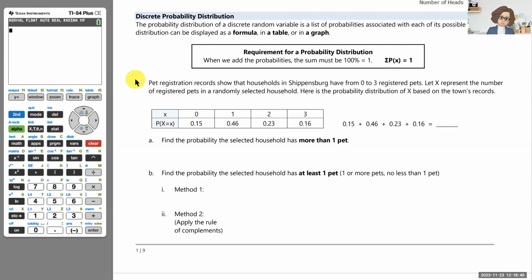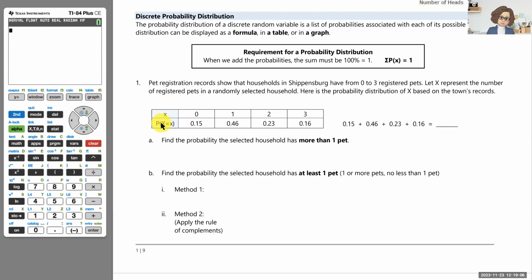All right, so pet registration records show that households in Shippensburg have from 0 to 3 registered pets. We're going to let X represent the number of registered pets in a randomly selected household. And here's the probability distribution of X based on the town's records.